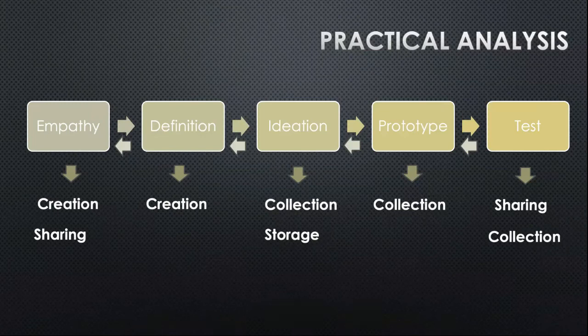So as we move through the process, and again, I'll take you back to the arrows moving back and forth, when you go through that process of collecting ideas, you may discover that all of your ideas are following a particular theme.